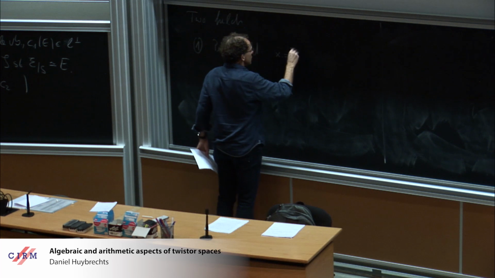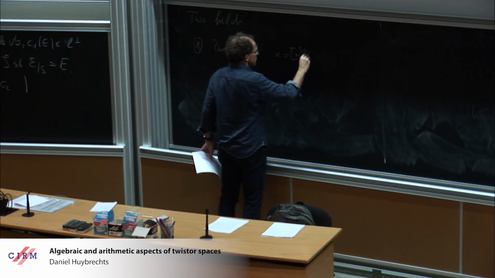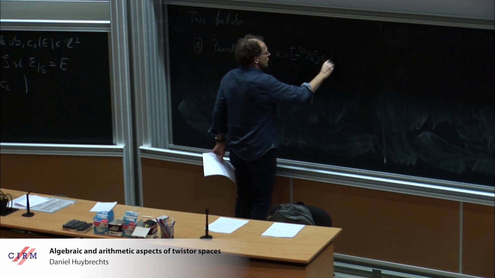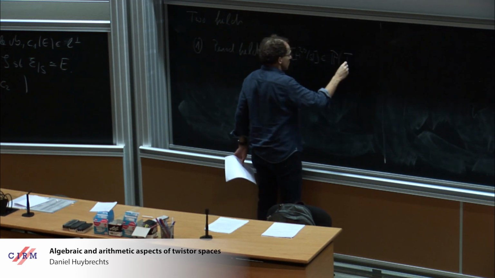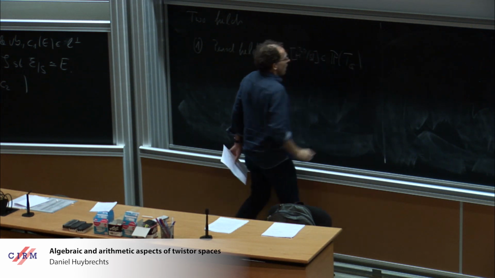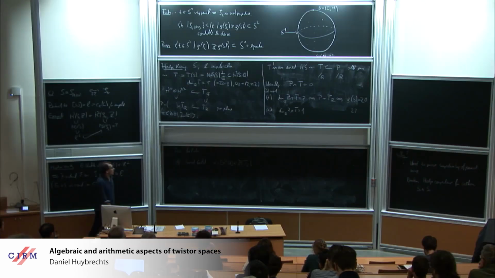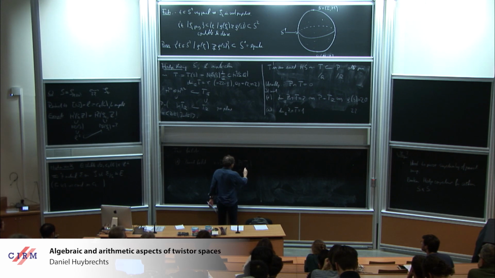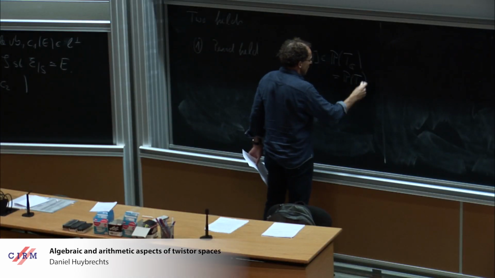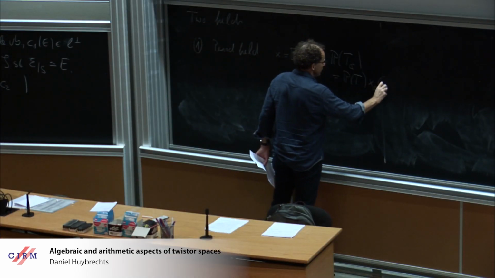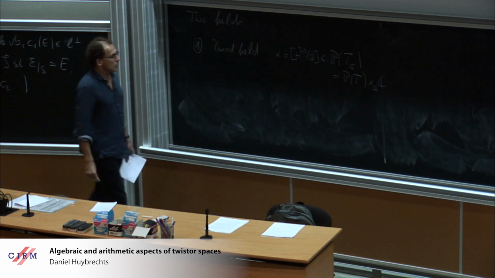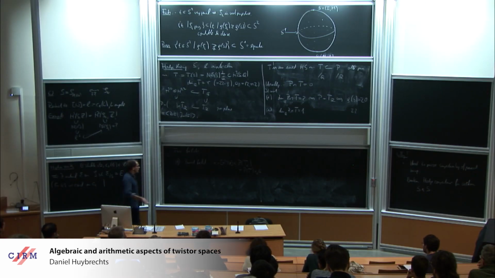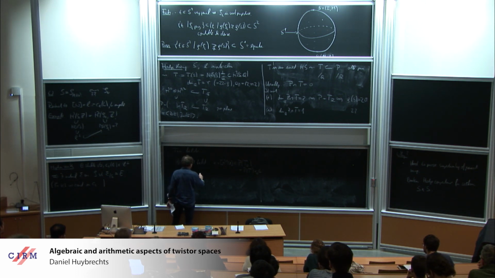So we take the 2,0 part of the Hodge structure and view it as a point in the projectivized transcendental lattice, which since the transcendental lattice was over Q, this is in fact a rational vector space base changed to C. Okay, so now that's a point in a projective space. You can look at its residue field, and that's what we call the period field. So that's the residue field.